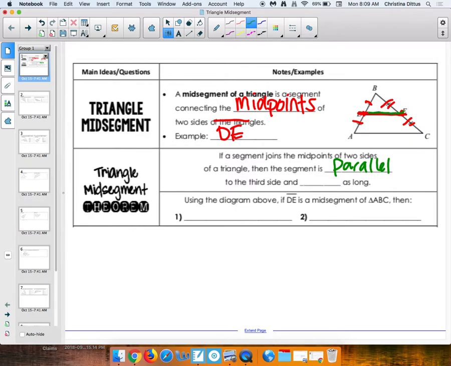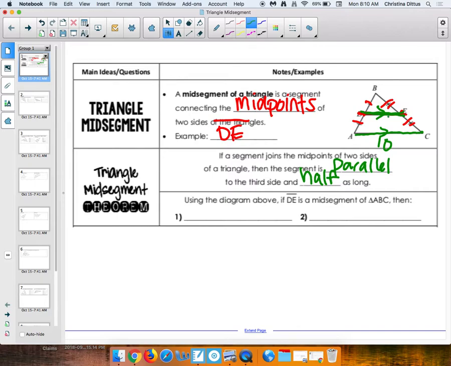If this is DE, am I parallel to these sides? No. Can I be parallel to a point? No. So the only other option to be parallel is this bottom side. And it is half as long. So if AC is 10, how much is DE? 5.